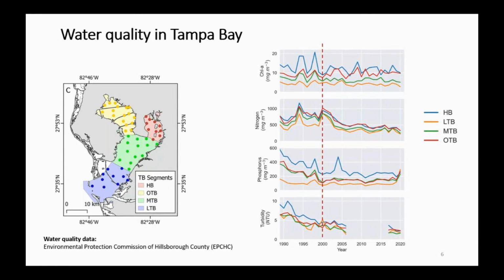But we can see that these changes are different before and after 2000. The water quality parameters had the highest concentration levels before 2000. After 2000, the decreasing trends were steadier over time. These patterns coincided with the seagrass cover changes observed in our results.